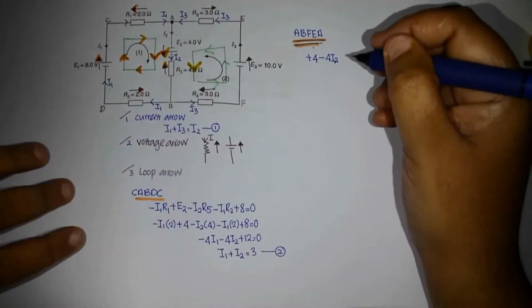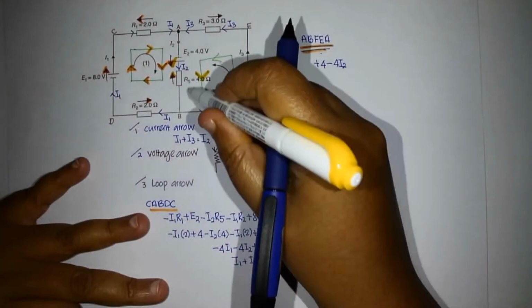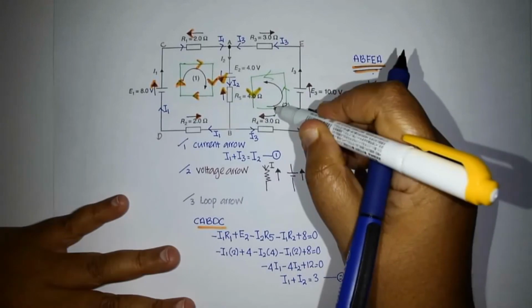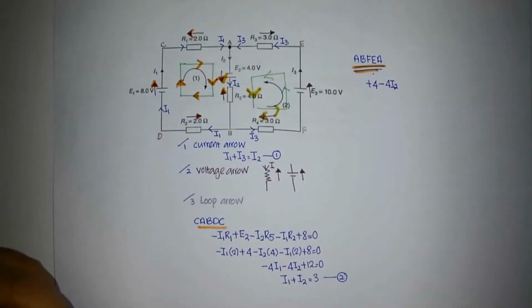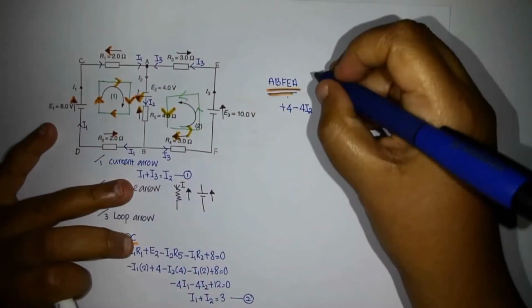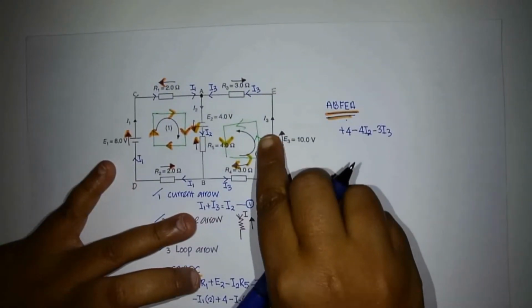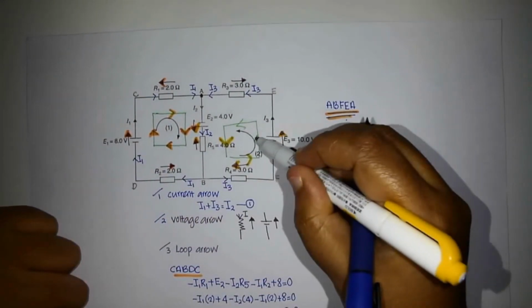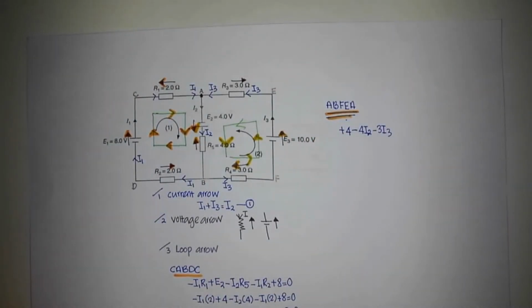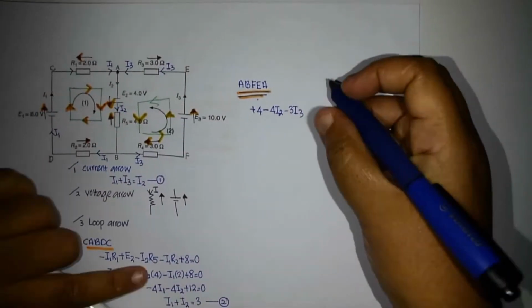Then you come here and follow. The direction is opposite, so you minus 3I3. Then you follow here, the direction is the same, so plus 10.